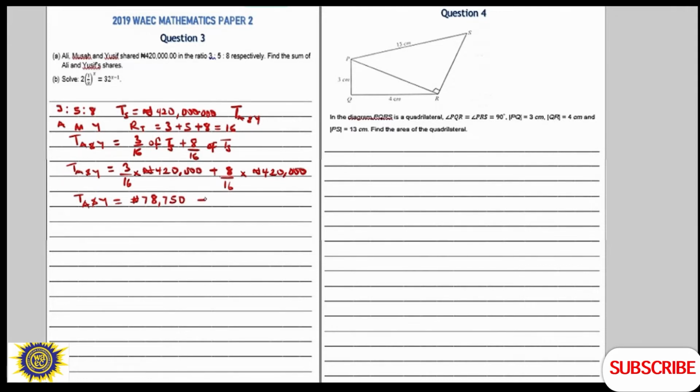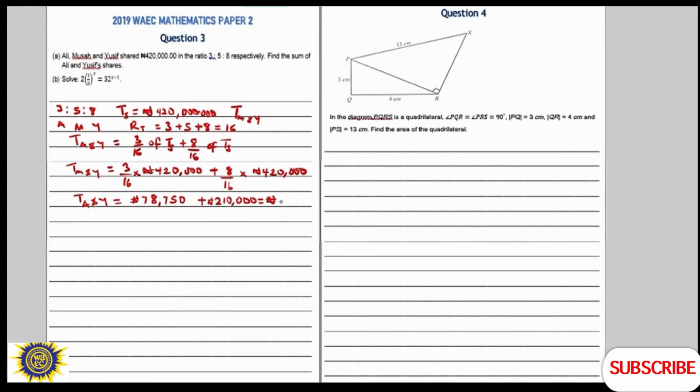Now plus, when you do the same thing here, we have 8 times 420,000 divided by 16, and we are going to have 210,000 naira.